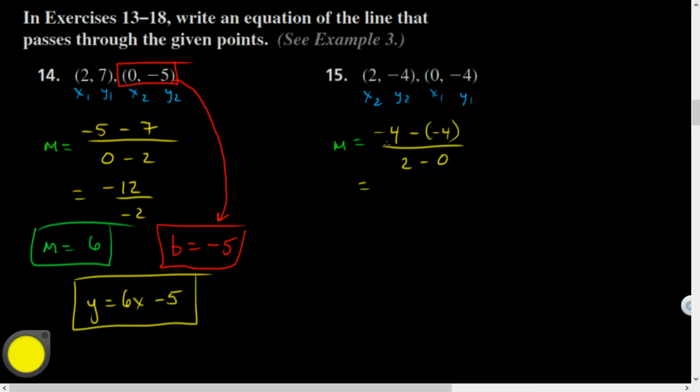What? That becomes a plus, and -4 plus 4 is 0 over 2. 0 divided by 2, what's that going to be? I have 0 pizza to divide amongst my 2 friends. Everyone, tell you what, is getting 0 pizza.